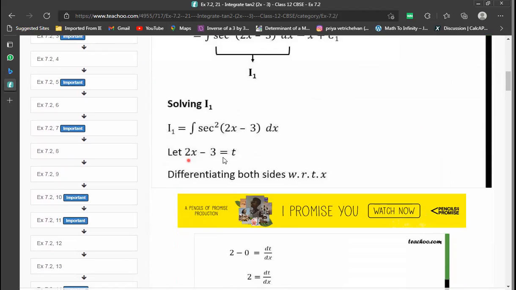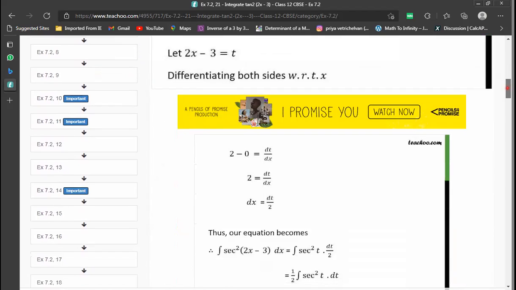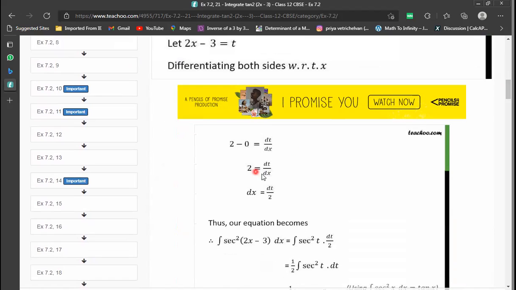Assign 2x minus 3 as t. When you differentiate both sides, 2x minus 3 turns into 2 and t turns into dt by dx, so dx is dt by 2. So let's change secant square 2x minus 3 dx into secant square t dt by 2.